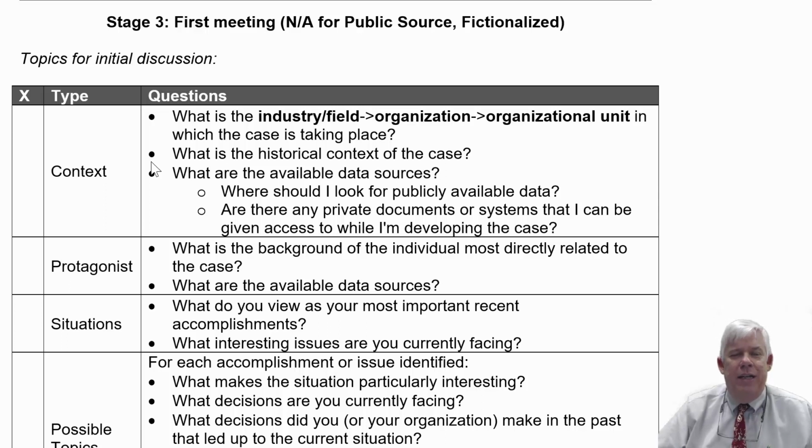You probably want to get some background on the organization because it's often important to know where an organization has come from in terms of a current situation.